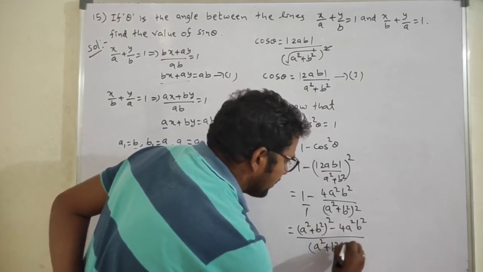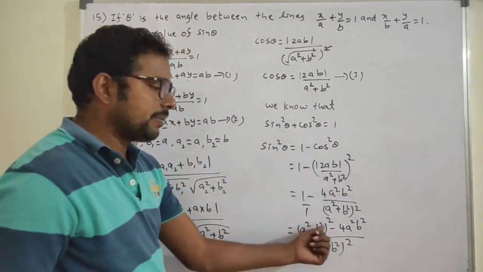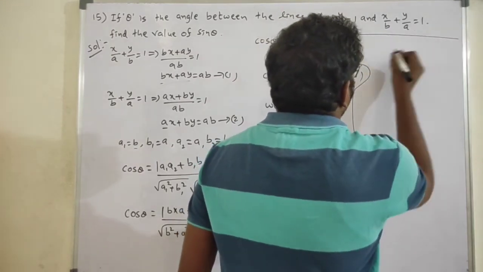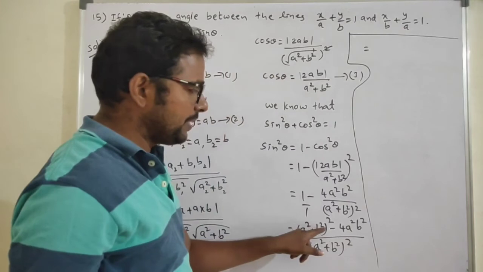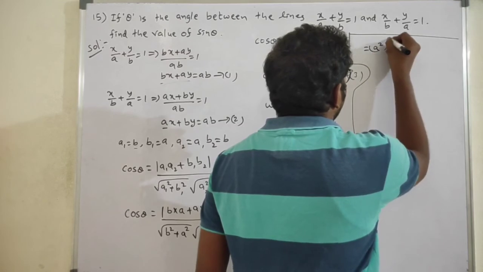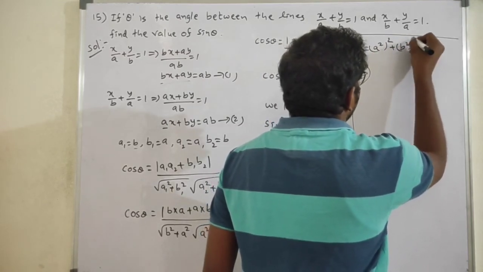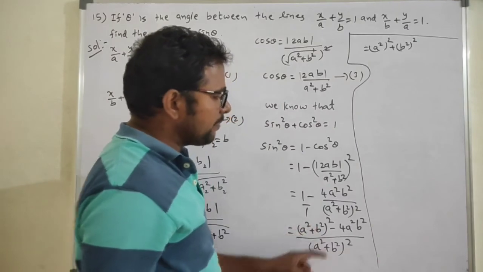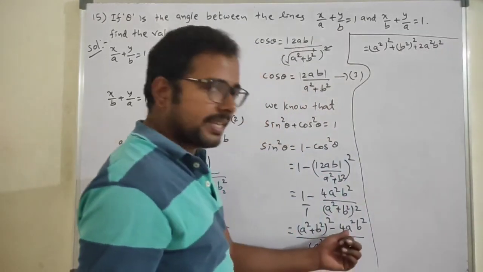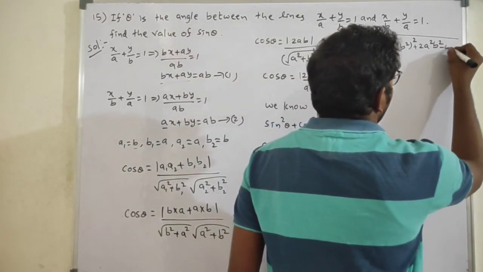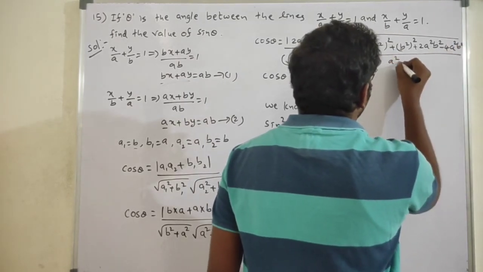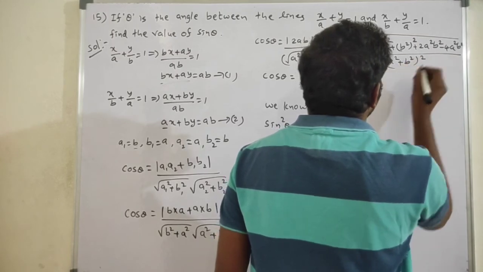Now it is in the form of the (a plus b) whole square formula, so we can simplify this: (a square) whole square plus (b square) whole square plus 2a square b square, already minus 4a square b square, by (a square plus b square) whole square.